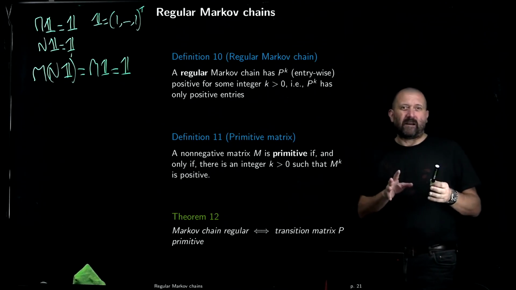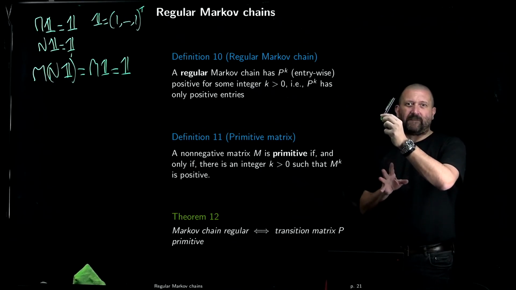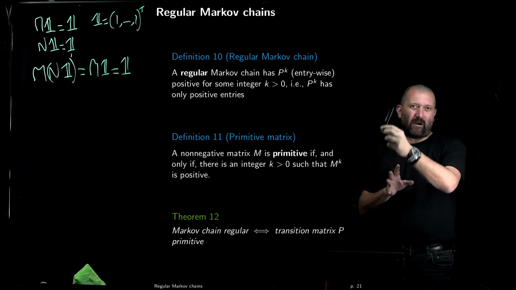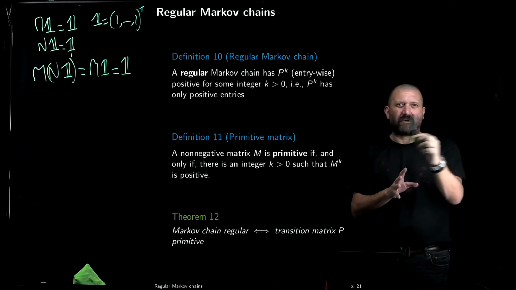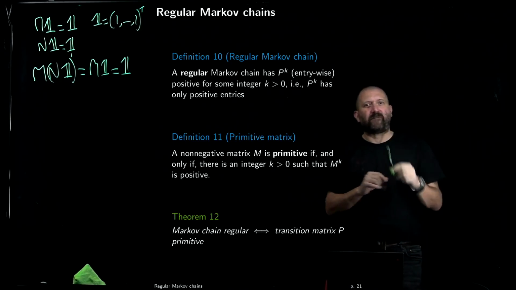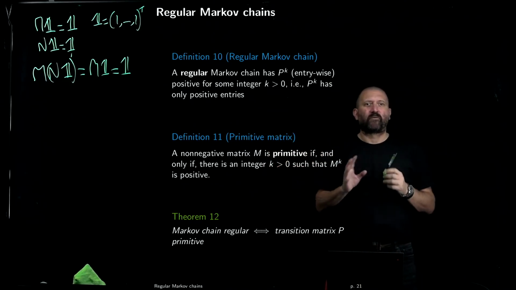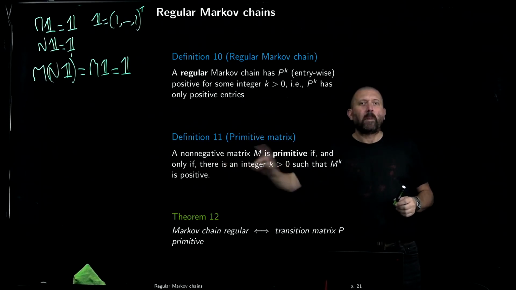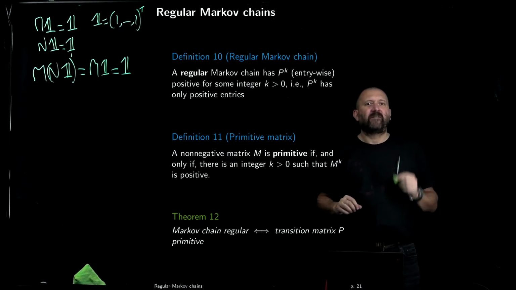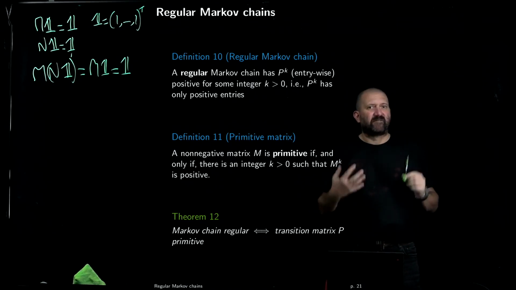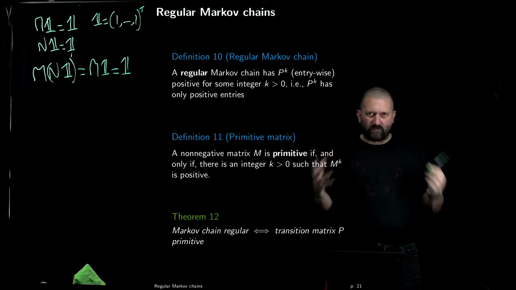And the same way as we saw that there was an equivalence between a matrix being irreducible and the graph being strongly connected, we are going to see similar connections. But in terms of first the definition, this is the same definition as for what we call primitive matrices. So if we have a non-negative matrix, we say it's primitive if we can find an integer k such that n to the k is positive. So this is exactly saying the same thing as this, okay? For any matrix.